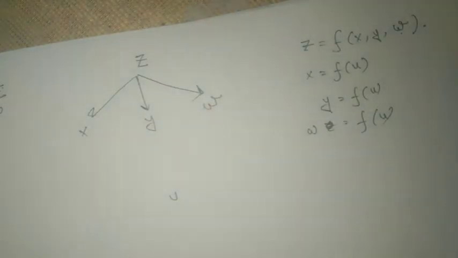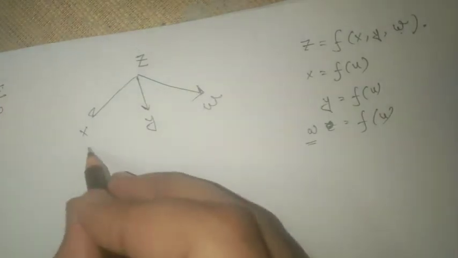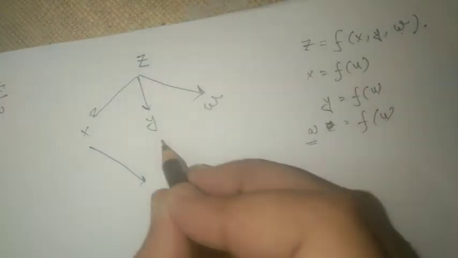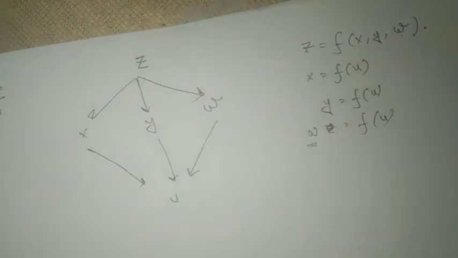Okay, this will be w, not z. Please rectify it, I am extremely sorry for this. And x is a function of u, y is a function of u, w is a function of u.